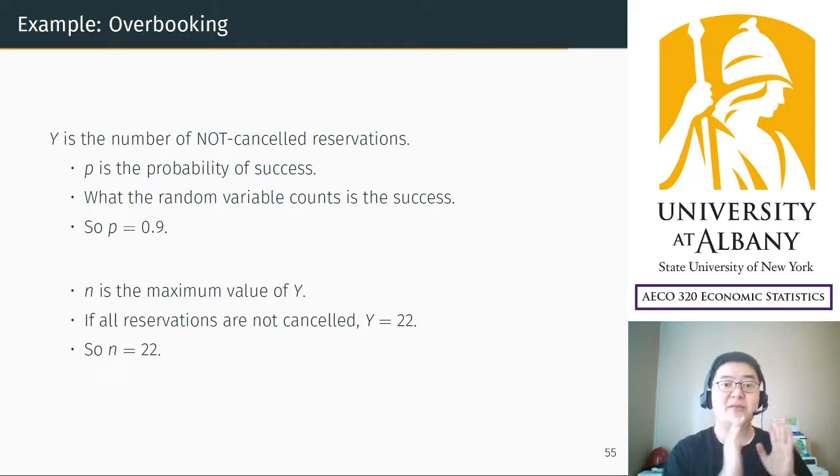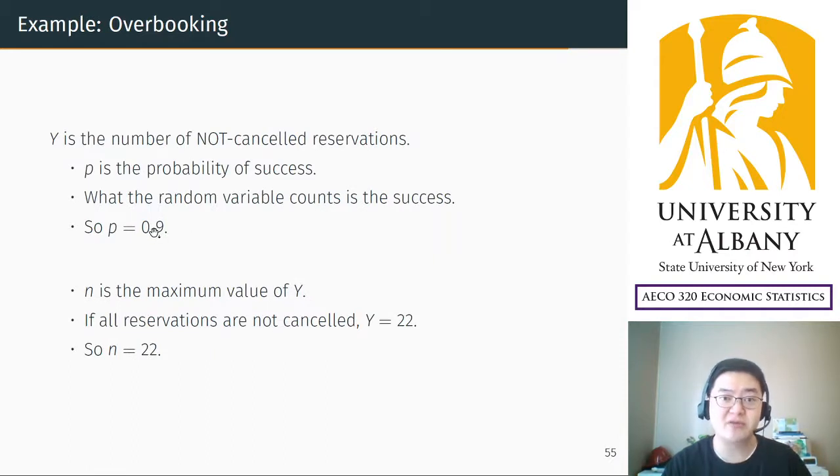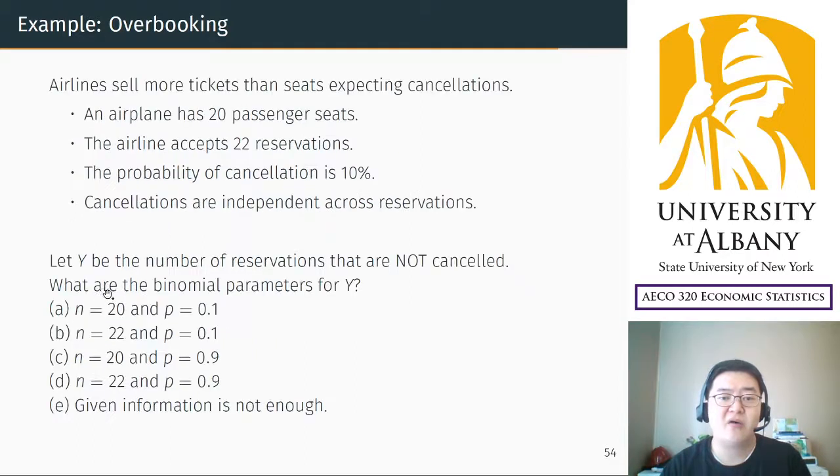So in this case, p is 90%. I gave you 10%, so it's a trap, but the parameter you have to use is 90%. That's the first trap.